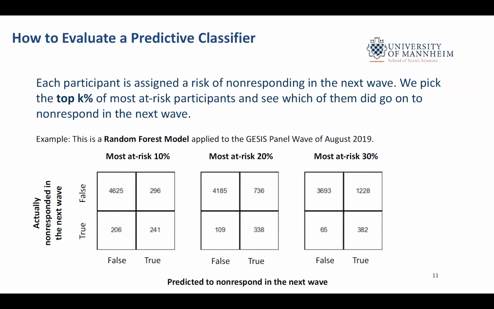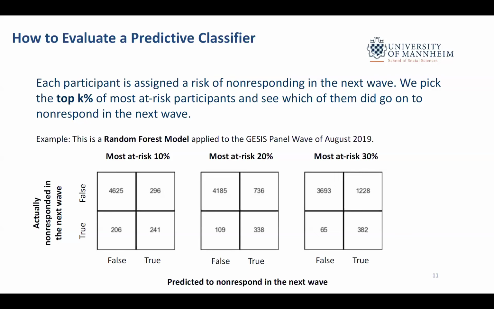Now, these propensity models output, for each participant whose data you input into it, a probability that they will non-respond in the next wave. And so we could say, for example, we've got a budget to intervene with 10% of our participants. So let's intervene with the 10% most at risk according to our model.